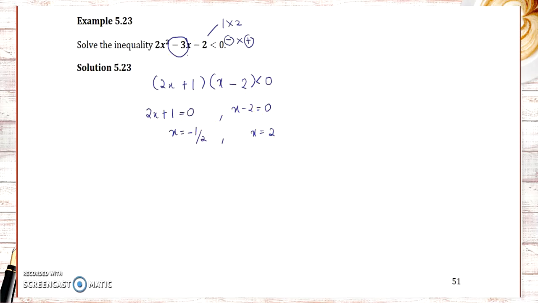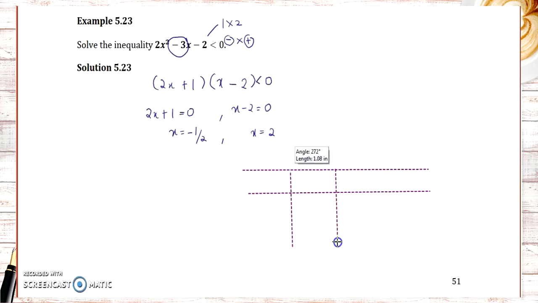Let's draw the table. How many columns do we have? The first column is for the left hand side, and then a column for all x less than negative 1 over 2, and then between negative 1 over 2 and 2, and then for all x greater than 2.